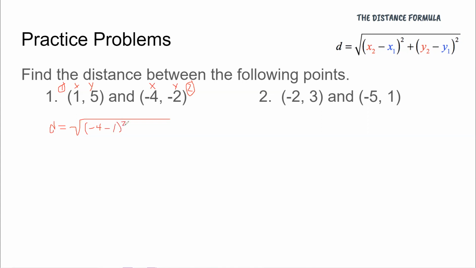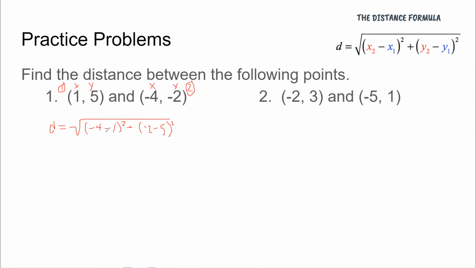We're going to keep the squared and the plus and move on to the second part, which is y2 minus y1. So second point, y is going to be -2 minus y1. So first point, y gives me the number 5. And then I keep my squared on that as well.